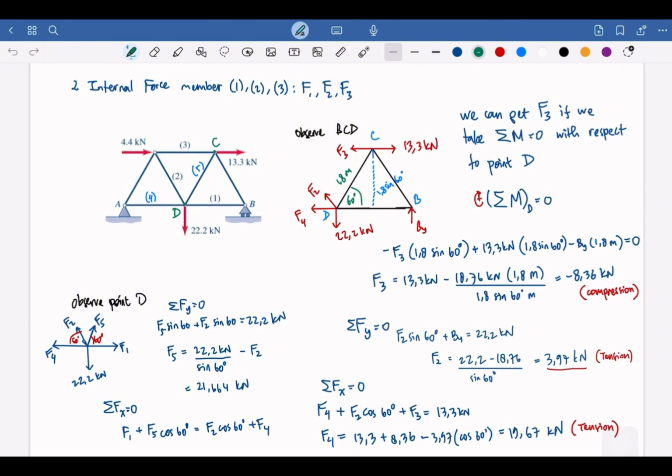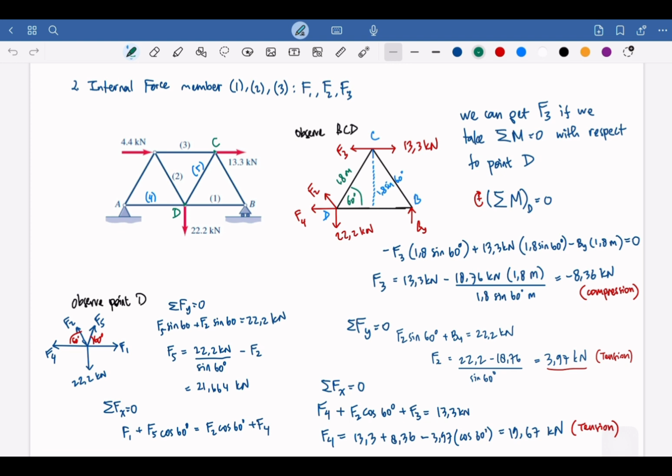So we take this to the vertical line, and then we could write and get F2. We could also take another point or another isolation. So we take these isolations.